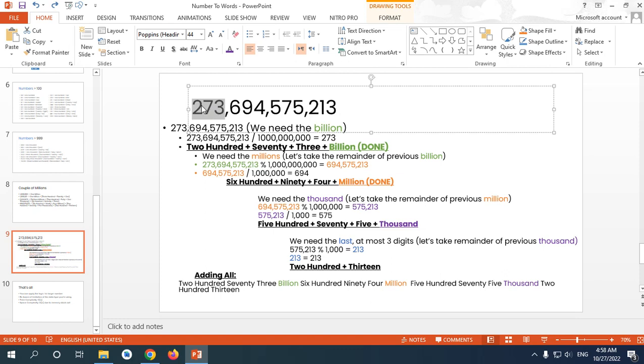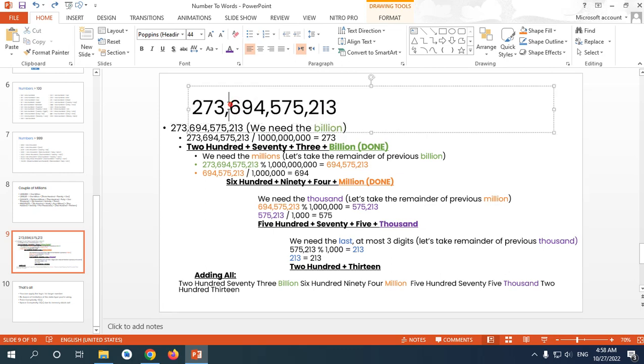And once we have the last 3 digits, we can convert it to words by specifying the first number, which is 2, and there are 2 digits on the right side, so it's basically 200. And we have 73, the tens of 73 is 70, and 3 is the remaining of 73. So right now this 273 will be converted to 273 billions, which we calculated based on the division process we have made.